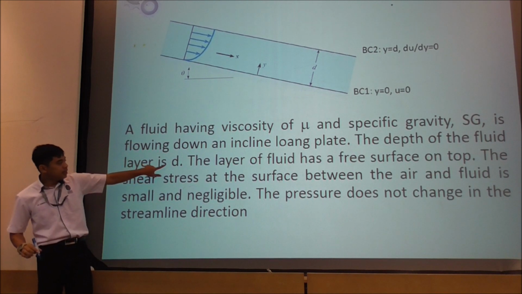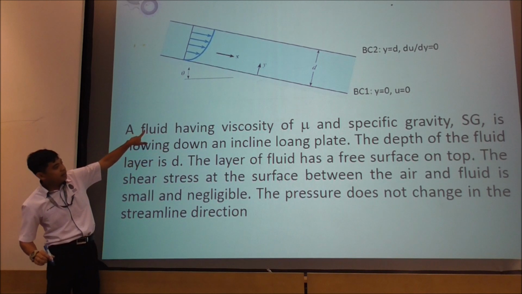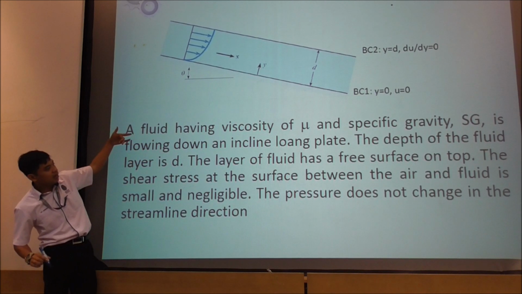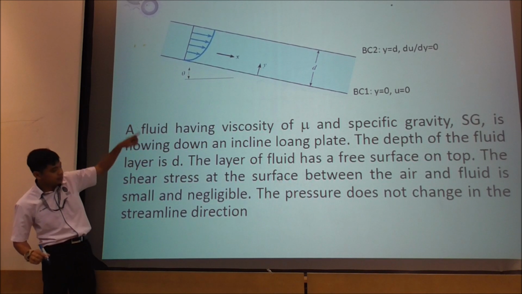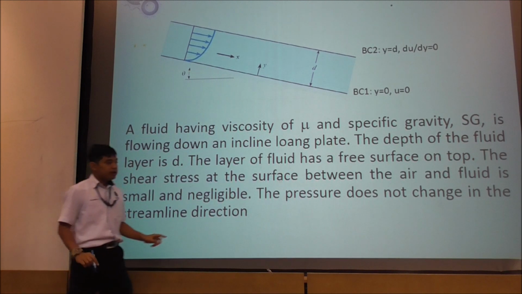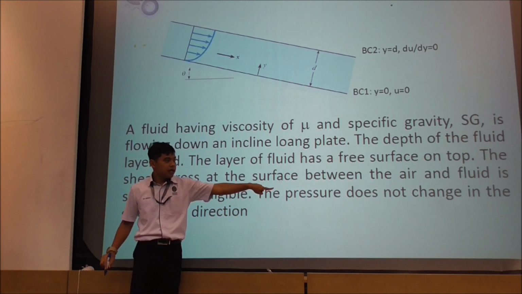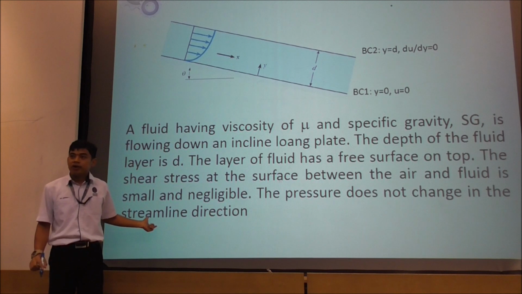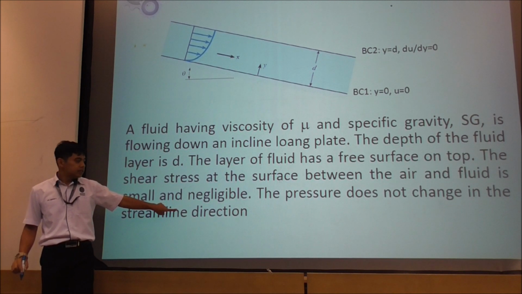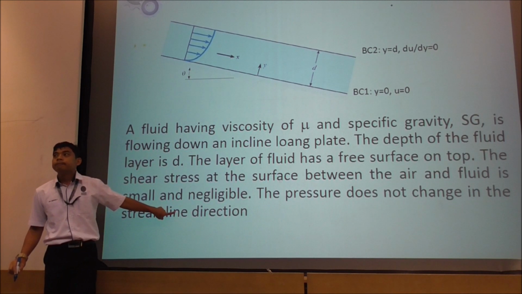And then the depth is given, and then the viscosity is given, flowing down. Okay, you know the angle is theta. One very important thing, the pressure does not change in the streamline direction. What does it mean? dp dx will be equal to 0.